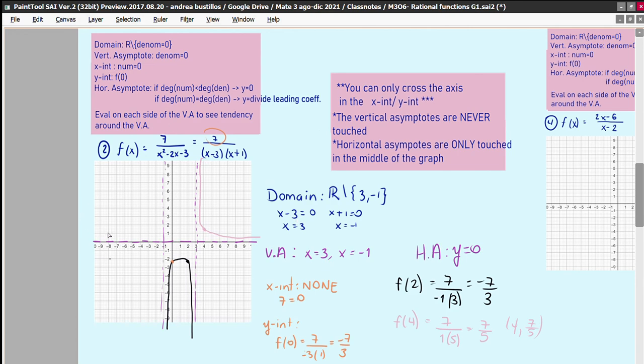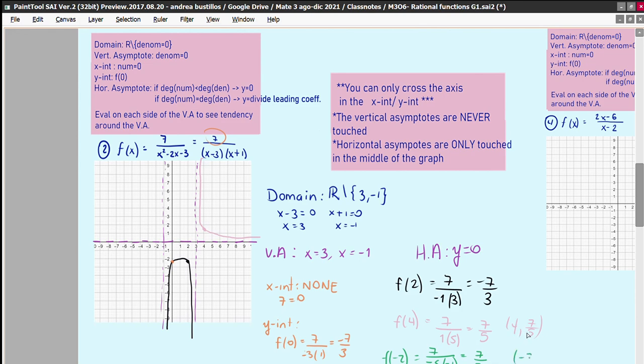Now, to graph the last piece of this function, I have to evaluate at a number in this area that is close to the vertical asymptote, but on this side of the plane. That value is -2. So if I evaluate the function at -2, I get that this is 7 over -5 times -1, and this is 7/5.